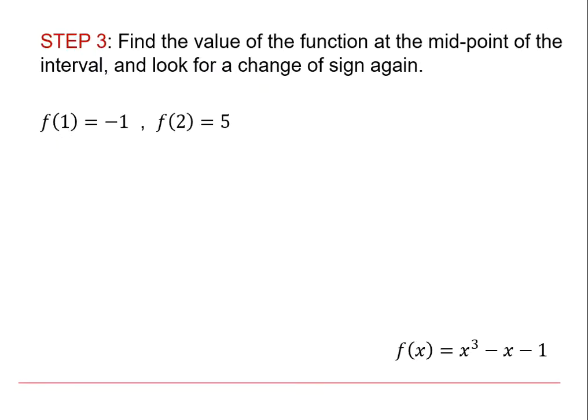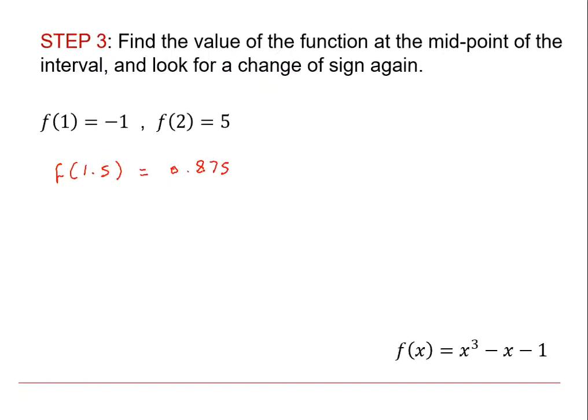So the next step in the process is to take the midpoint of our interval 1 to 2, so 1.5, and find out what the function is at that value. So that turns out to be 0.875, and previously our negative value of the function was minus 1, i.e. a distance of 1 from the x-axis, and at x equals 2 we were at a distance of 5 from the x-axis.